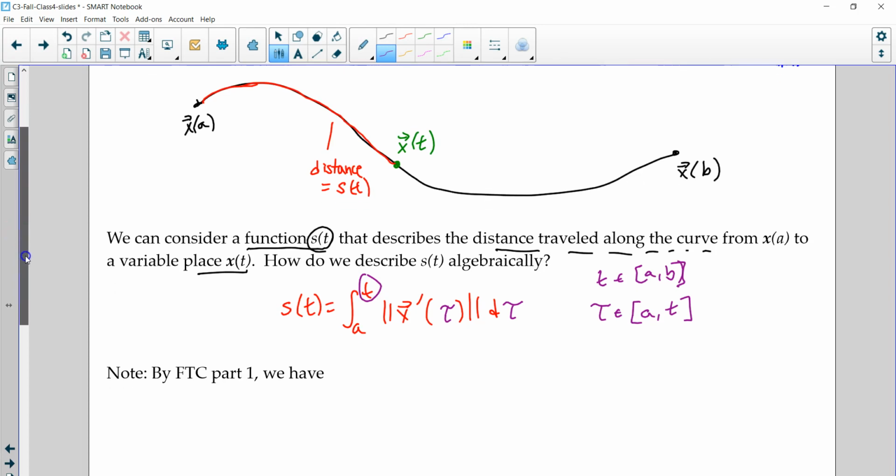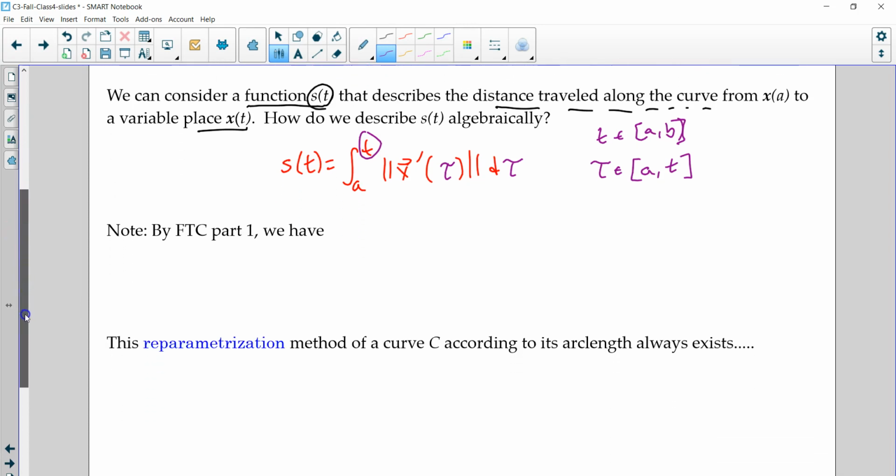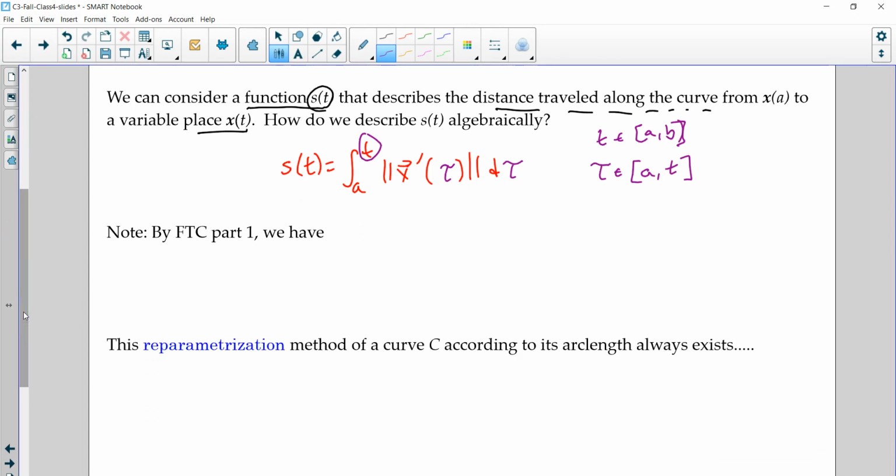I would like to point out, and this is going to be important in video 6, stay tuned, that by the fundamental theorem of calculus part 1, the one where we said we can differentiate both sides, if we differentiate the left-hand side, s prime of t, and remembering that A is a constant, we actually just end up with the length of vector x prime at t.